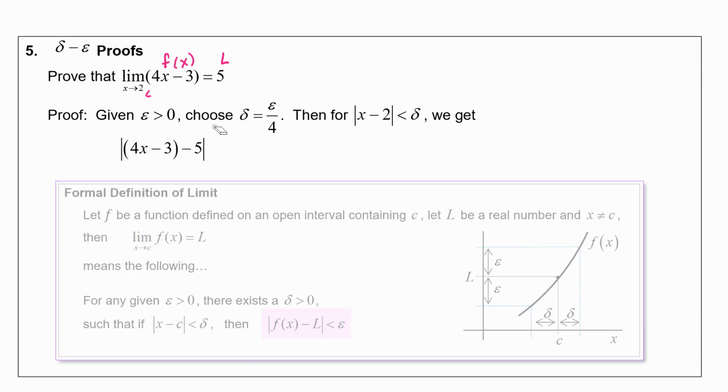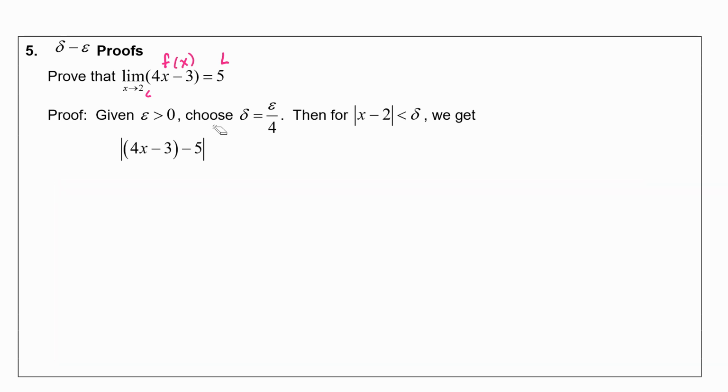So let's get started. First, we can do a little bit of Algebra 1 and rewrite this as the absolute value of the quantity 4x minus 8. We can factor out an absolute value of 4 and multiply that times the absolute value of the quantity x minus 2.